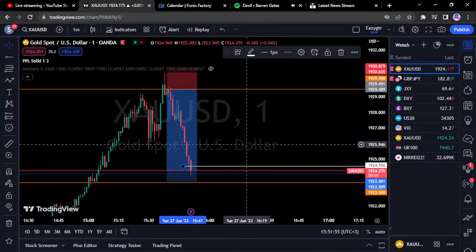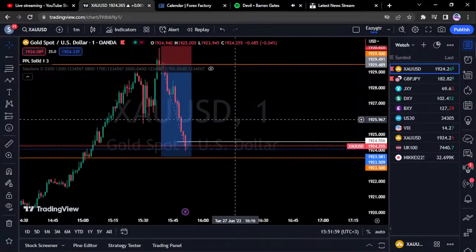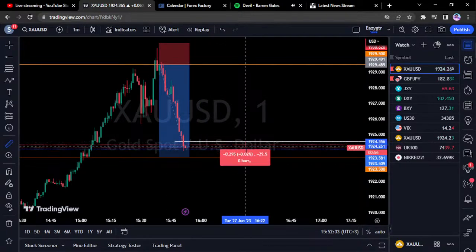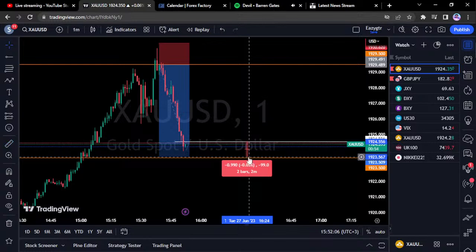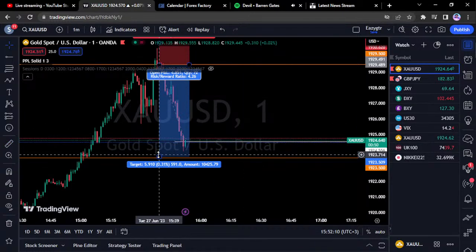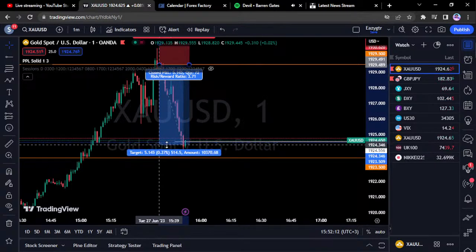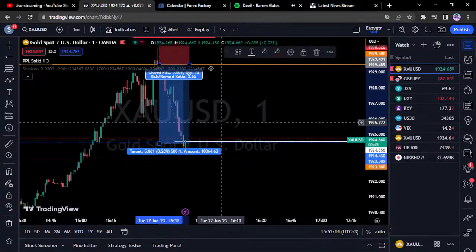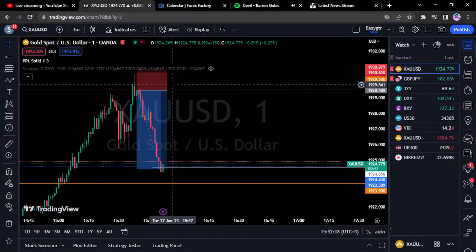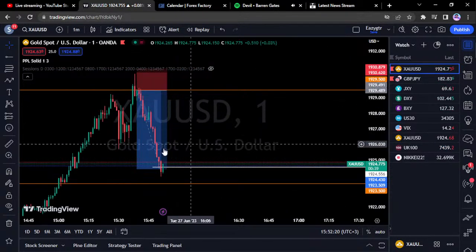So if I get stopped out, I'm stopped out exactly at 50 pips. Anything else is just extra from this point. So we have 10 pips to go and I am stopped out. Yeah, so we did it. So 50 pips for gold today. We've already locked that in.